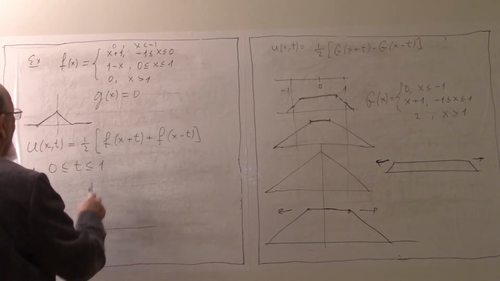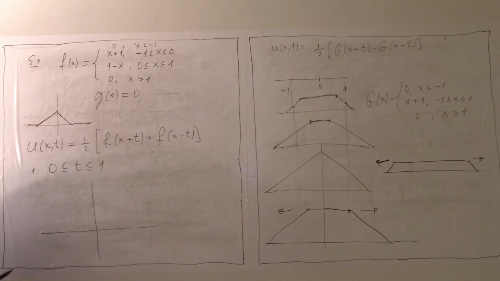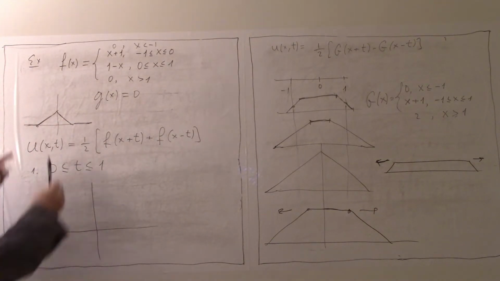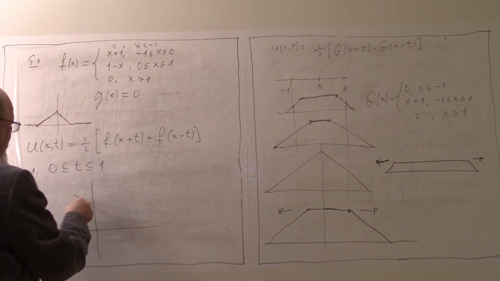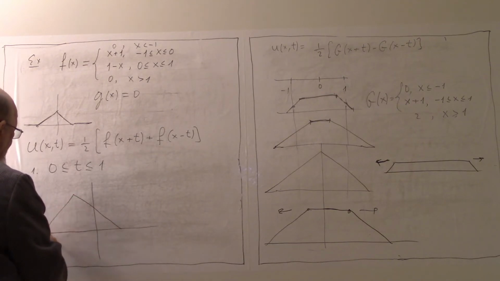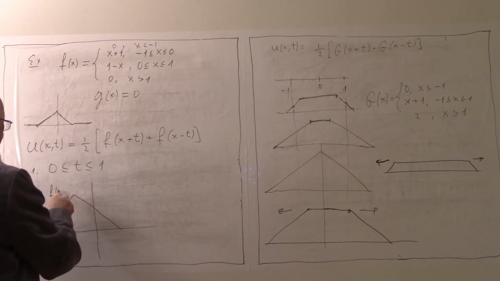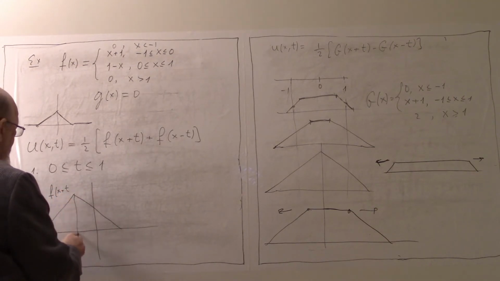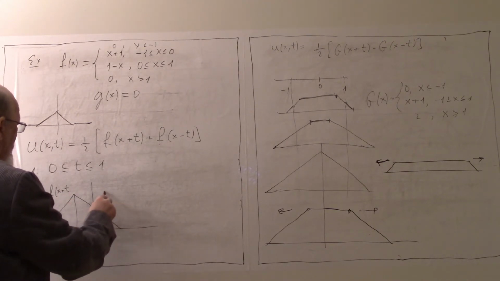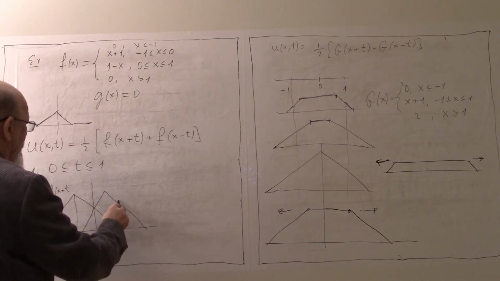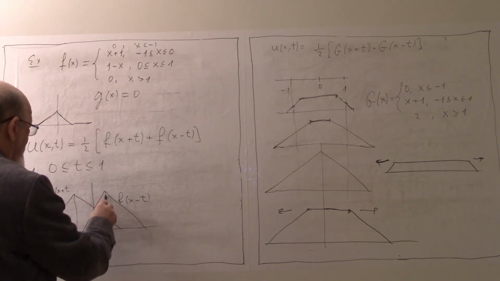What happens? f of x plus t is the same function shifted to the left by t. f of x minus t is the same function shifted to the right. So if t is less than 1, we have this configuration. It is f of x plus t, this point minus t, and this is f of x minus t.